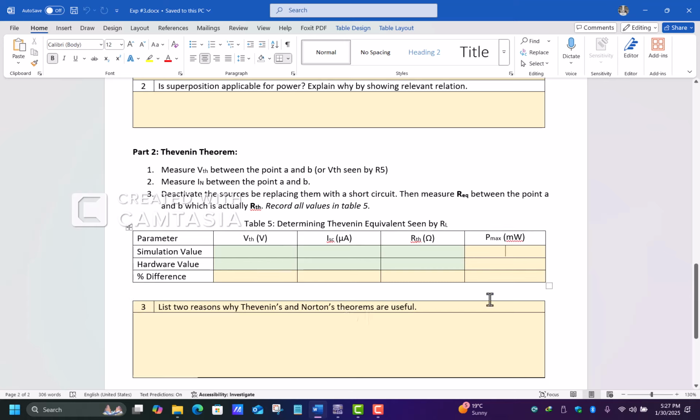The equation will be VTH squared by 4 into RTH. So this is my equation for the maximum power theorem of the circuit. Then we calculate the maximum power.